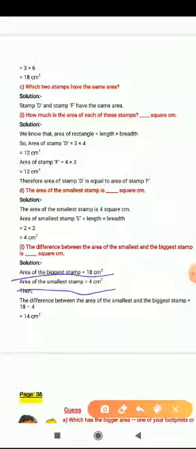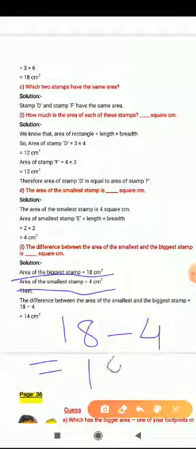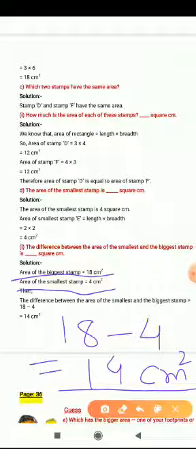Now we have to subtract 4 from 18. Whenever you subtract 4 from 18, you will get 14 centimeter square. So your answer is 14 centimeter square.